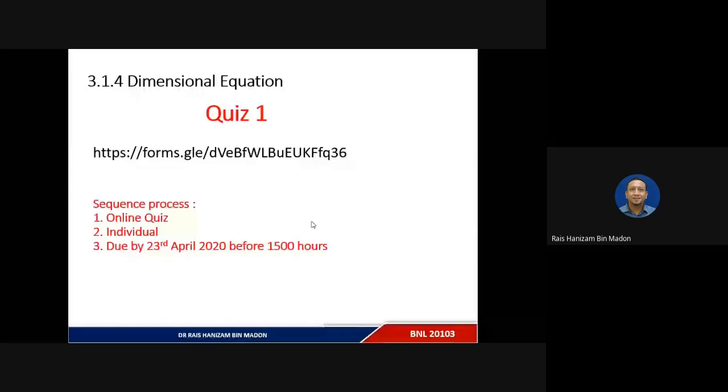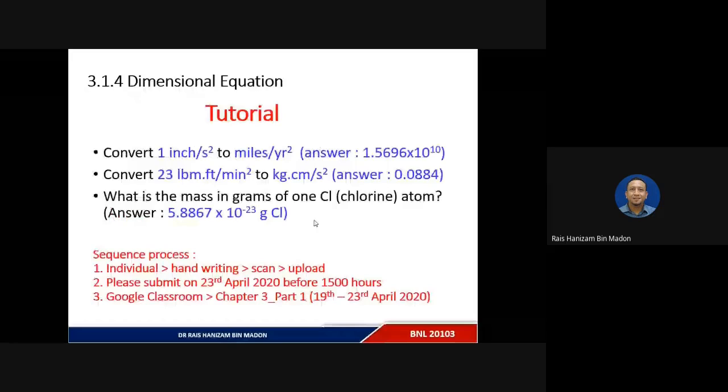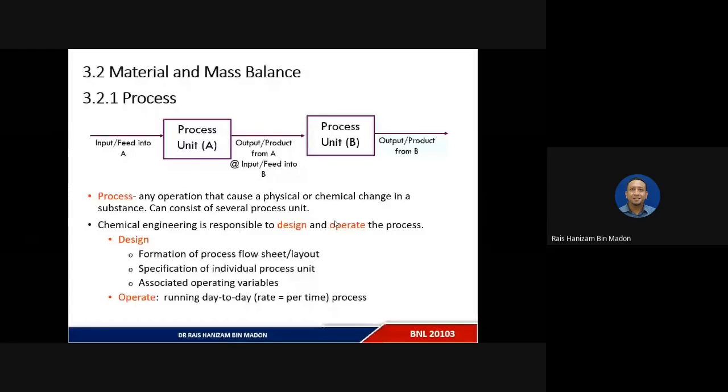Okay, guys. So the previous lecture already covered dimension and also units. Everybody has done the tutorial and also the focus one. So today we're going to proceed with part 2, which is material and mass balance. Basically this is a figure.